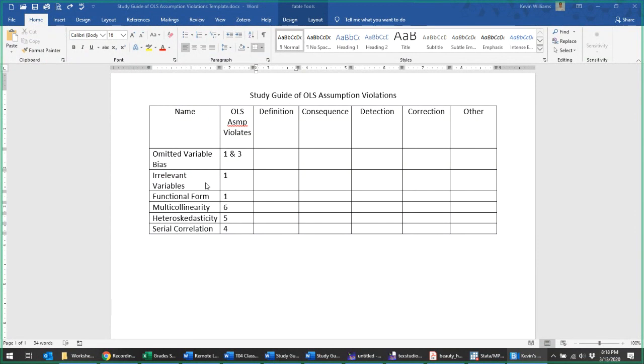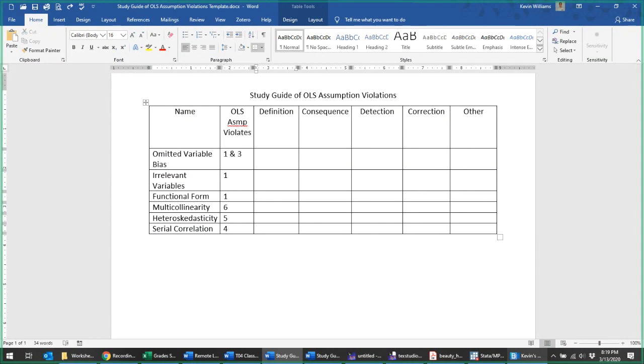So first of all, omitted variables bias violates assumptions 1 and 3 of OLS. Assumption 1 is that the model is correct and linear. In the case of omitted variables bias, that assumption is wrong because there's a variable that should be in there that isn't. And assumption 3 is that independent variables are uncorrelated with the error term.